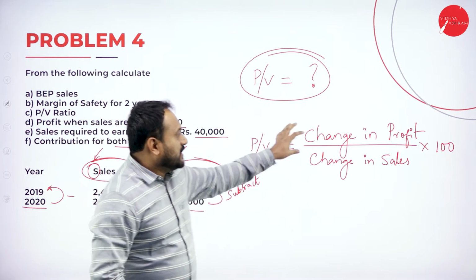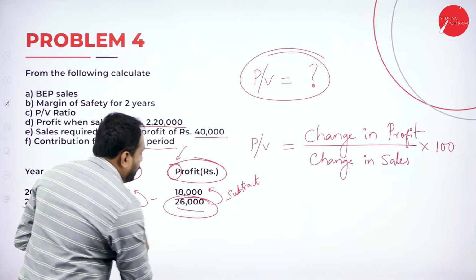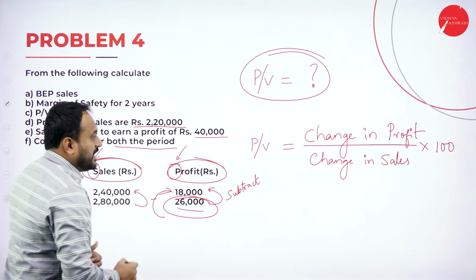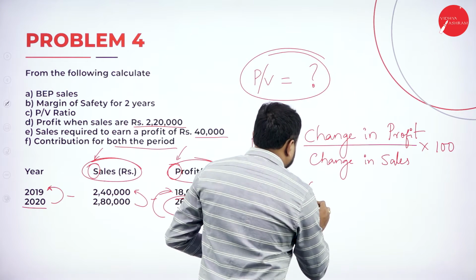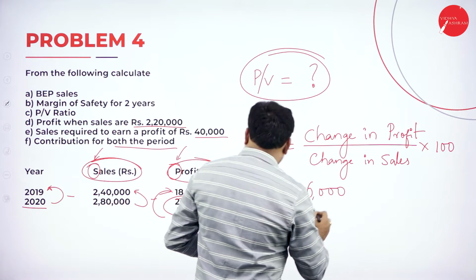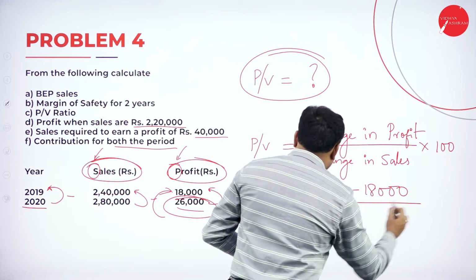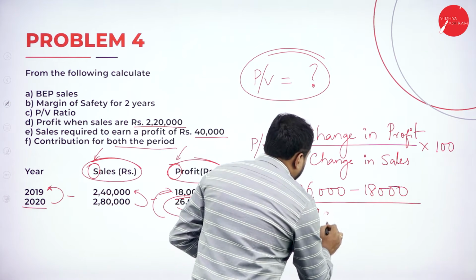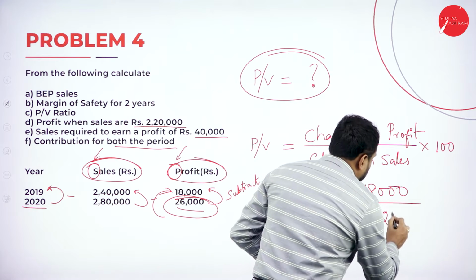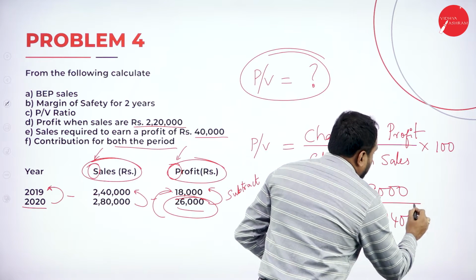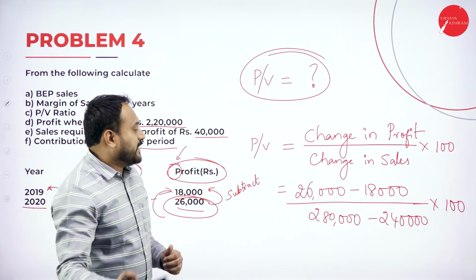So what happens here? Change in profit. What is the profit here? This is 2020 minus 18,000. So we'll write is equal to, we have 26,000 minus 18,000 divided by, we have here 2,80,000 minus we have 2,40,000 into 100. Never forget this, into 100. Take your calci now.